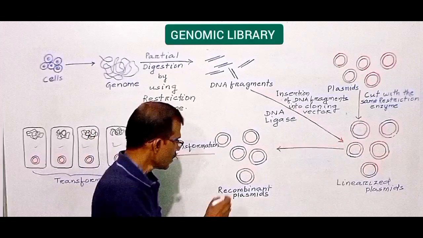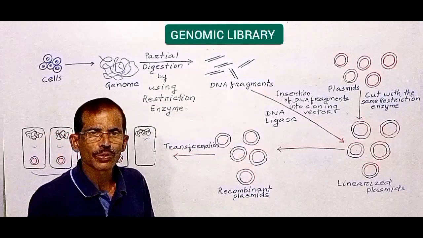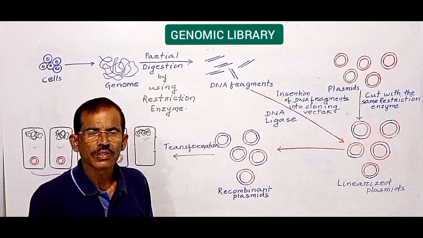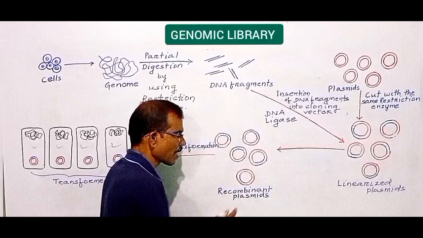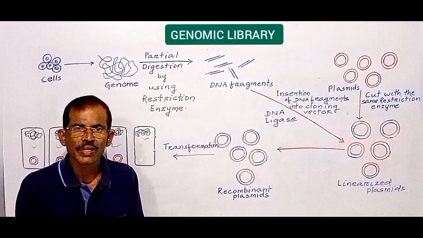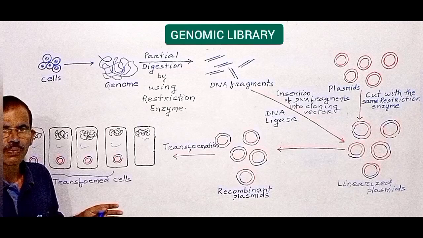Following this, these recombinant DNA molecules are introduced into a suitable host, such as E. coli or yeast. Recombinant vectors are introduced into competent E. coli cells through a process known as transformation.